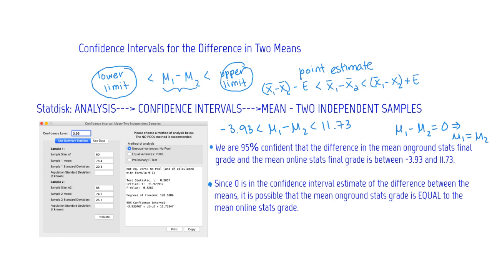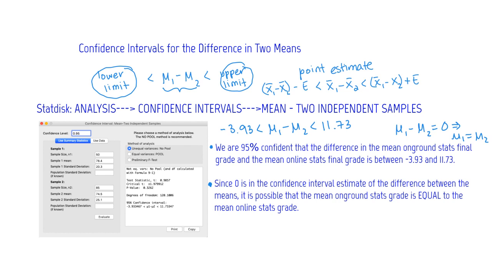We can even take it a step further, and this is why confidence intervals also help promote hypothesis testing, because by saying that 0 is in this interval, we know it's possible that mu1 is equal to mu2, rather than assuming that mu1 is definitely greater than mu2.